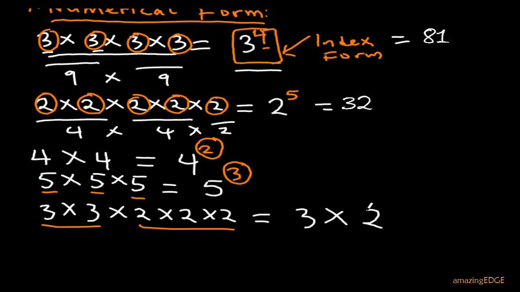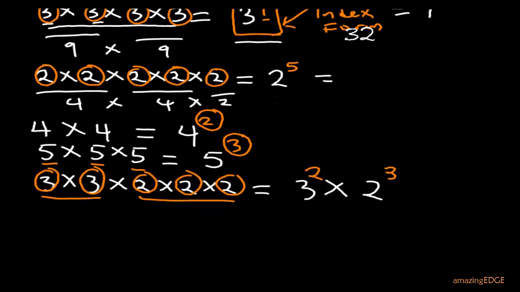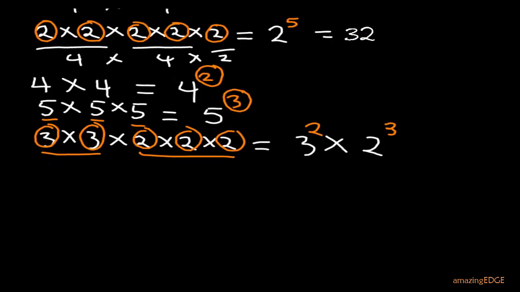After we have done that, we go back to count. How many 3s do we have? This is 1 and this is 2. So we write 3 raised to power 2. We go back to count for the 2s. This is 1, this is 2, this is 3, and we write this as 2 raised to power 3. So this is our index form of this compact or repeated multiplication.